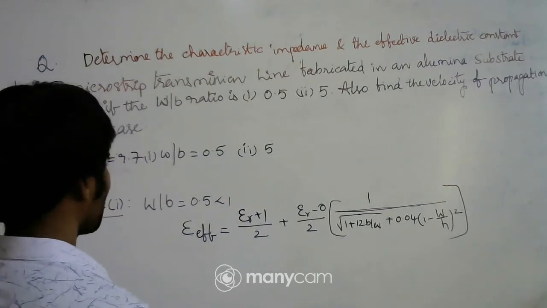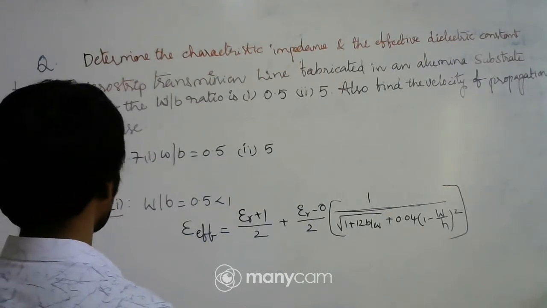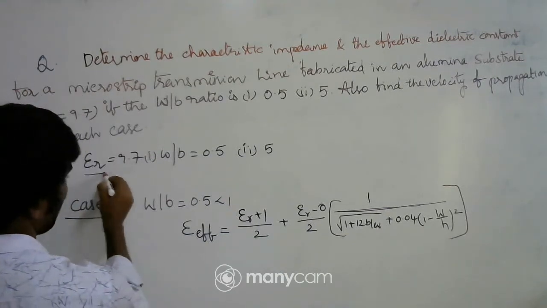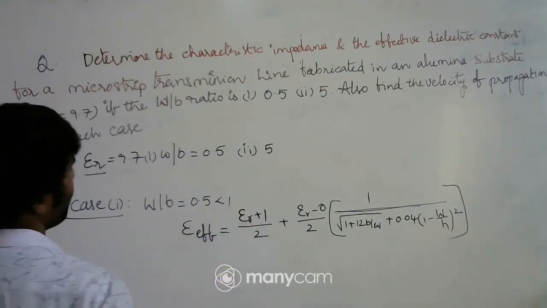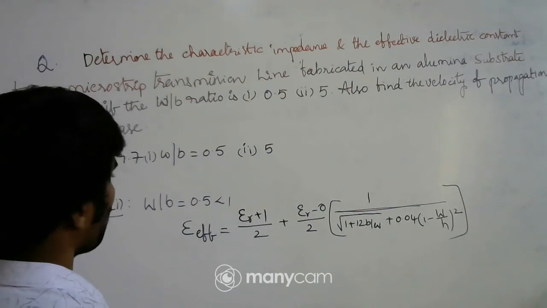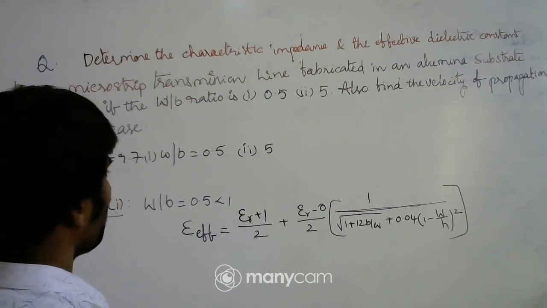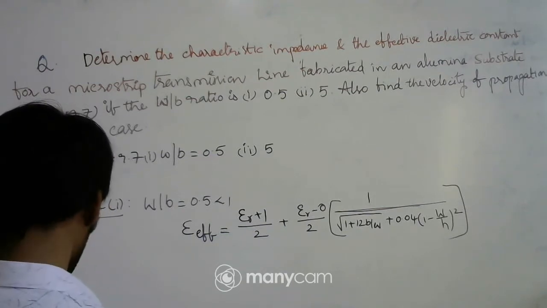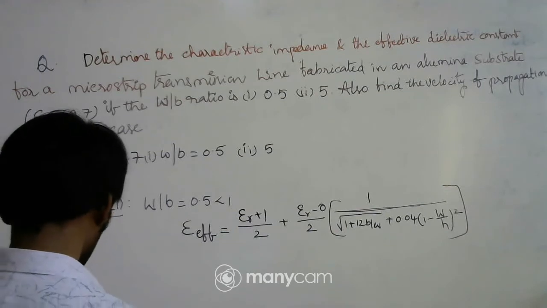So this is the expression for the effective dielectric constant. You know the epsilon r value. Substitute the epsilon r value here. W by B is equal to 0.5. Here we have B by W, meaning reverse, 1 by 0.5. You need to substitute like that.